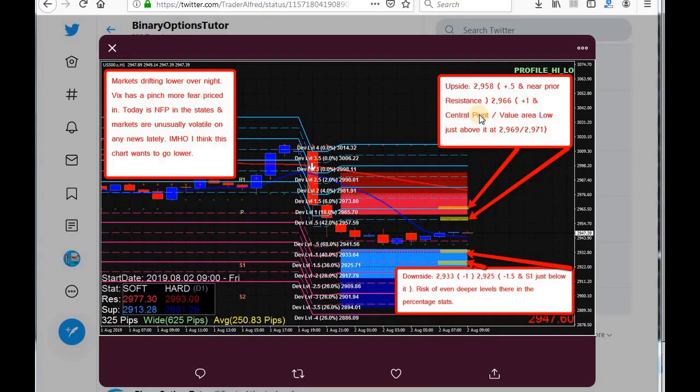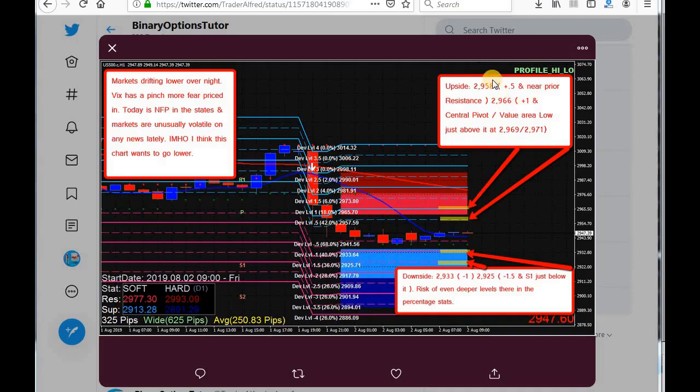Now I'm going to talk about upside and downside numbers. I'm going to try and always put these on my tweets, and these are just interesting areas to the upside and interesting numbers to the downside. I'm going to point them out with arrows where they are relative to the chart.